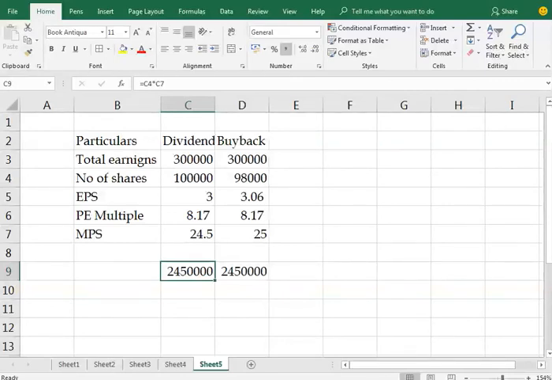When the number of shares did not fall, market price fell because you paid out money. Your P multiple has remained the same. So the adjustment is automatically done here. The P multiple will remain the same whether you go for dividend option or buyback option. Clear? Any doubts on this?